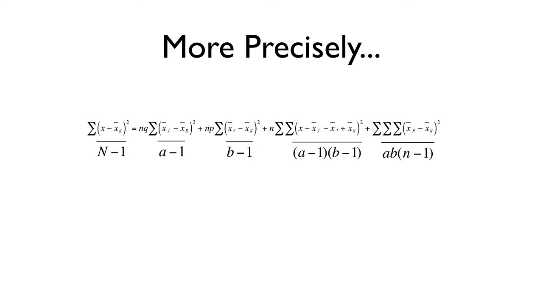And then for sum of squares error, or within groups, if you want to call it that, it's A times B times N minus 1. I don't know where the A minus 1 went, I pretend it's still there. B minus 1 and A minus 1.